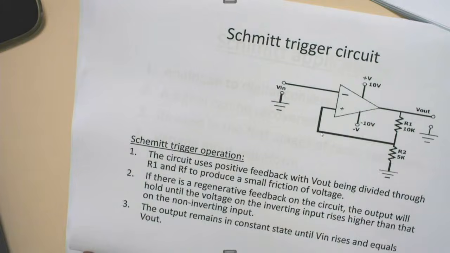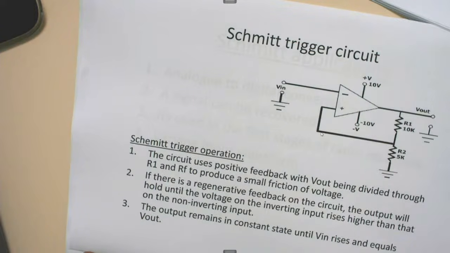The circuit uses positive feedback, with V out being divided through R1 and RF, where RF we refer to as the feedback resistor, to produce a small fraction of voltage.